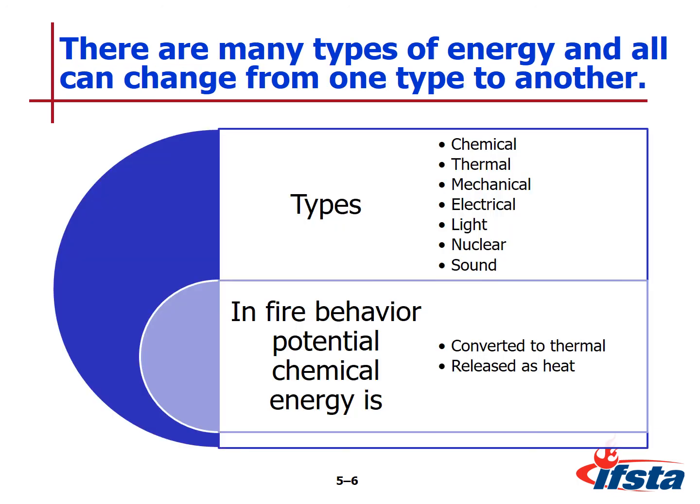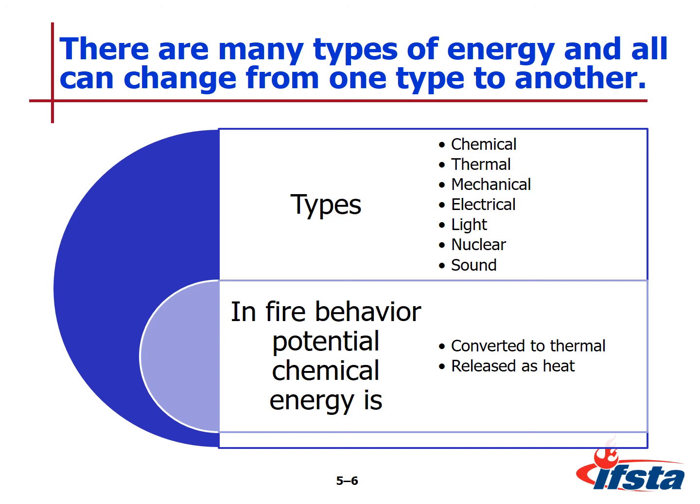So here's our different types of energies that we have. We have chemical, we have thermal, which is a lot of what we deal with, mechanical, electrical, light, nuclear, and sound. Basically, the way to look at it is it's chemical energy.